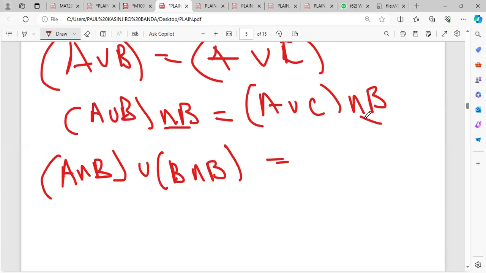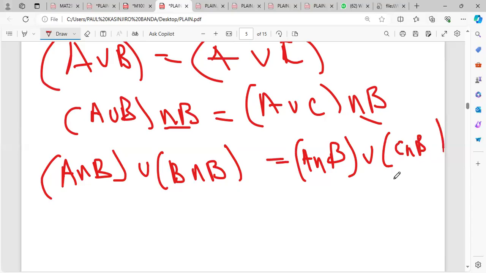Is equal to, here again, let me distribute. So A with the intersection B is going to give me A intersection B, and then union, the other one will be C intersection B, right? So now on both sides we can see that we have A intersection B, and on the other side again we have A intersection B, right?